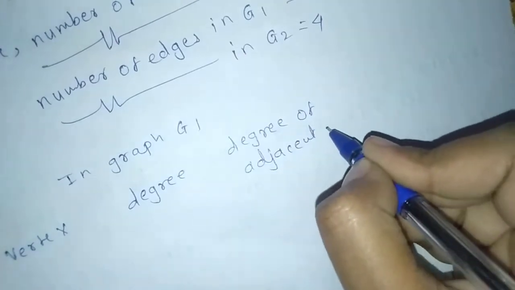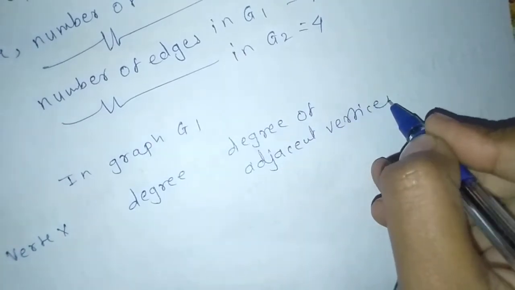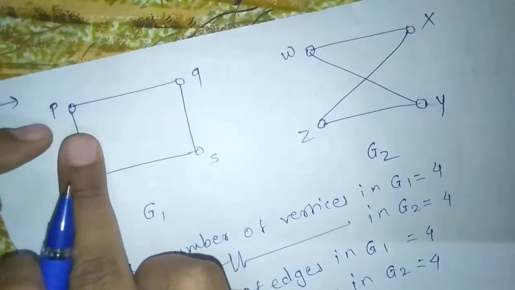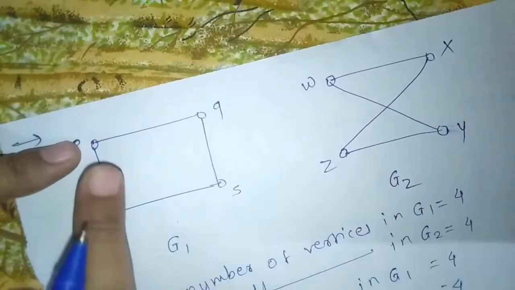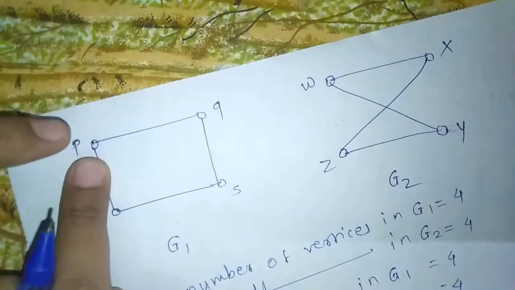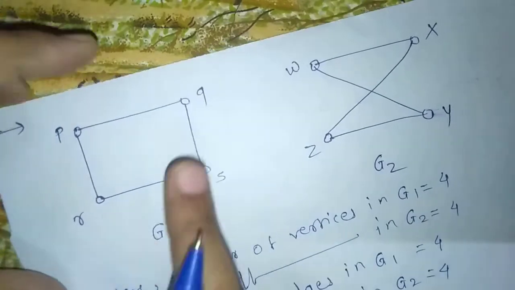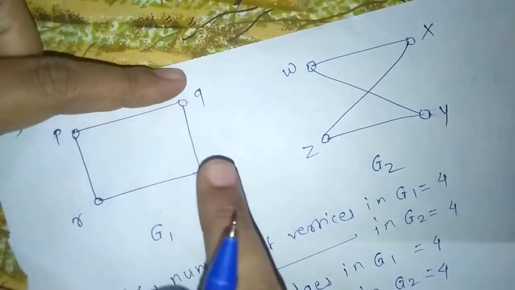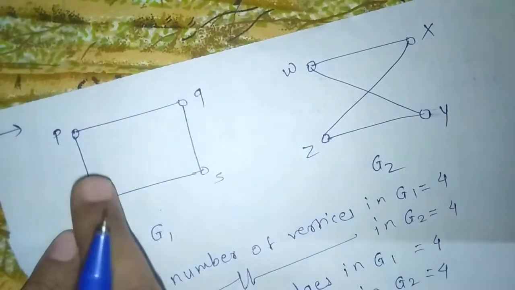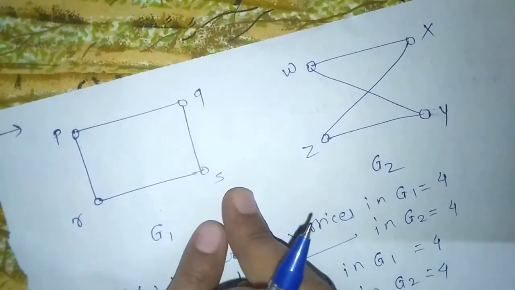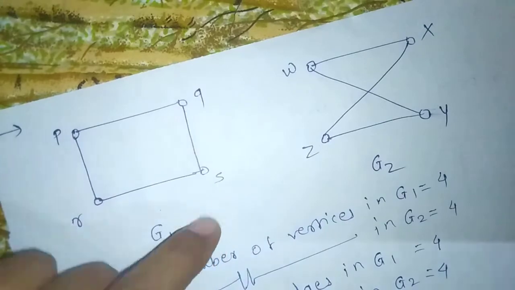Adjacent vertices means, here for vertex P, adjacent vertices are nothing but Q and R. Similarly, for Q adjacent vertices are P and S, for R adjacent vertices are P and S, and for S adjacent vertices are Q and R.